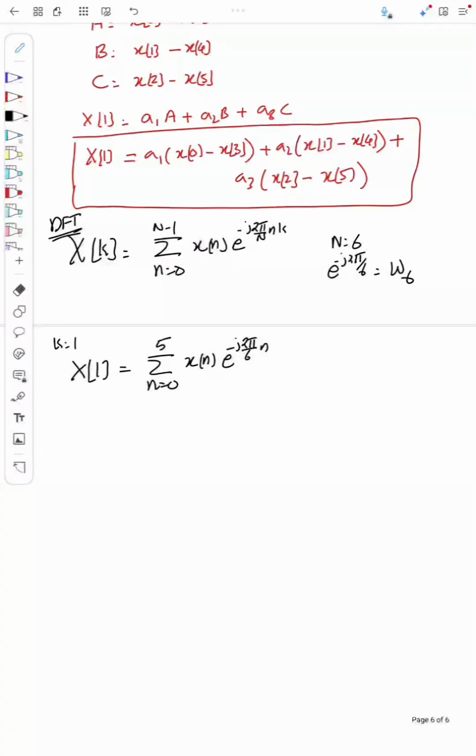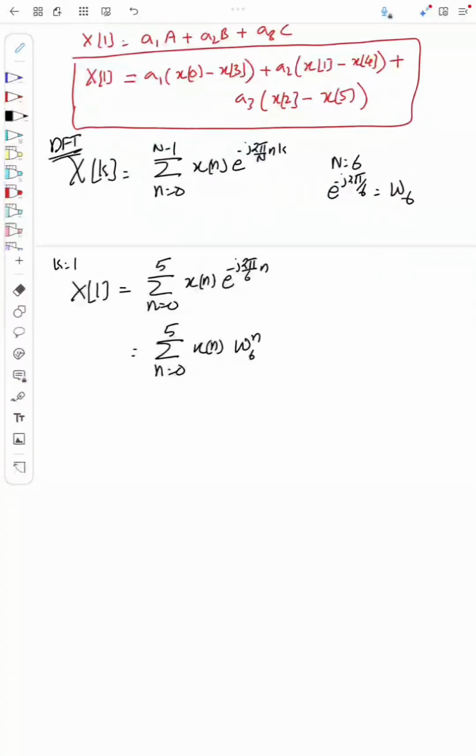And here I will substitute e power minus j 2 pi by 6 as W6, so I can write it as W6 power n, right? So let us expand this.